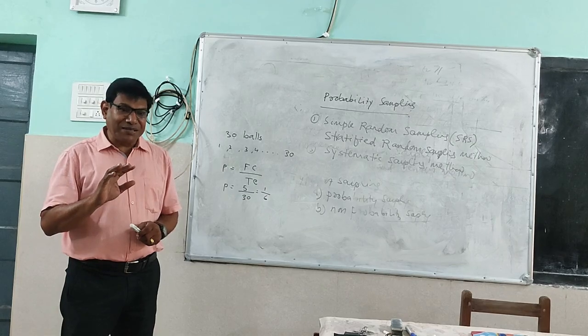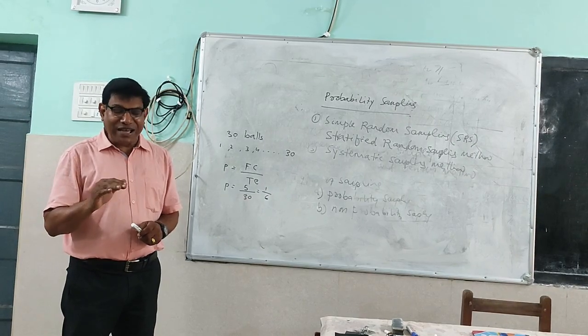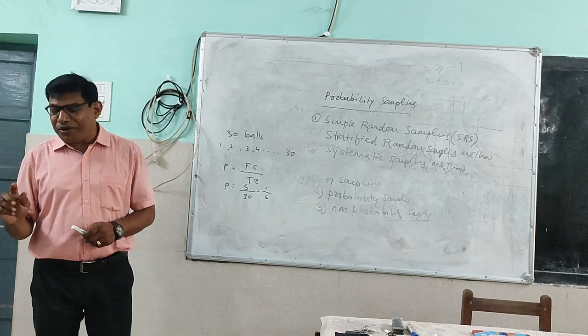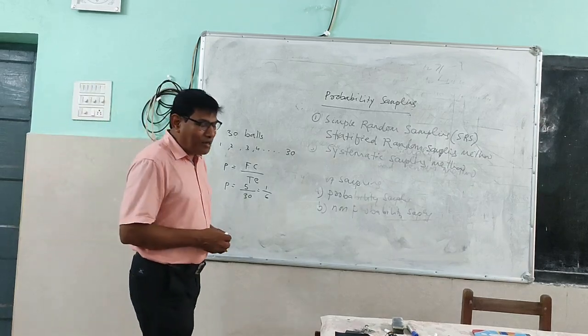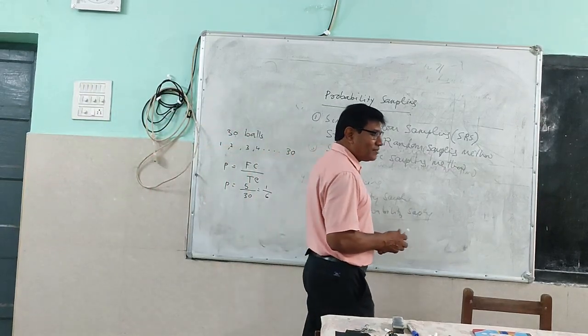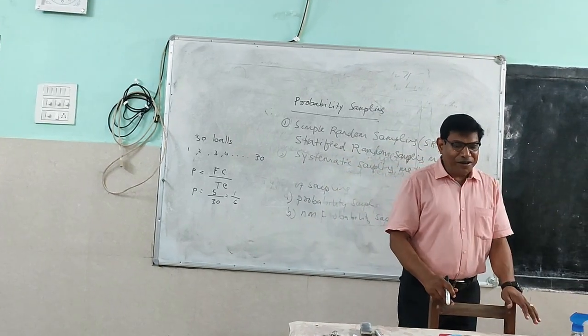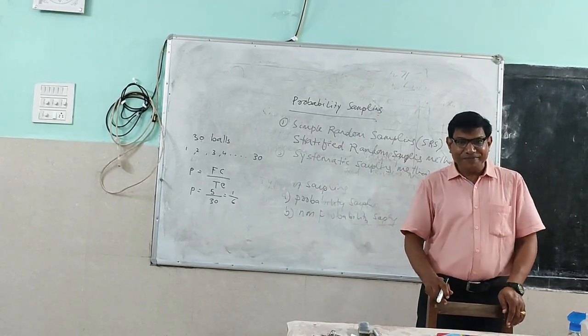So this is the first method of simple random sampling. There is another method that is called the random number table method.